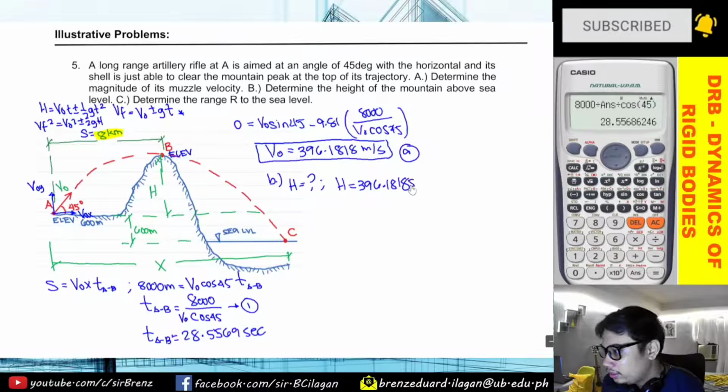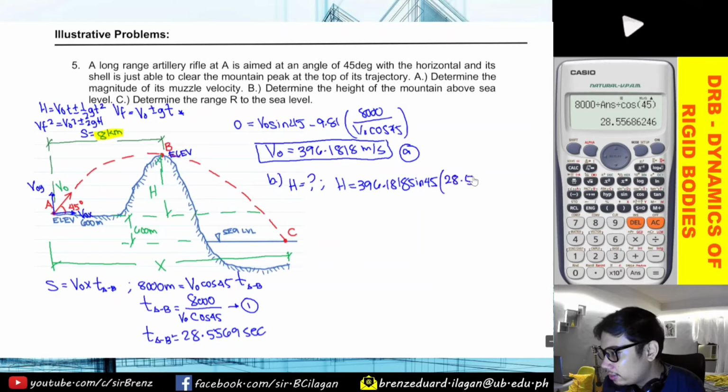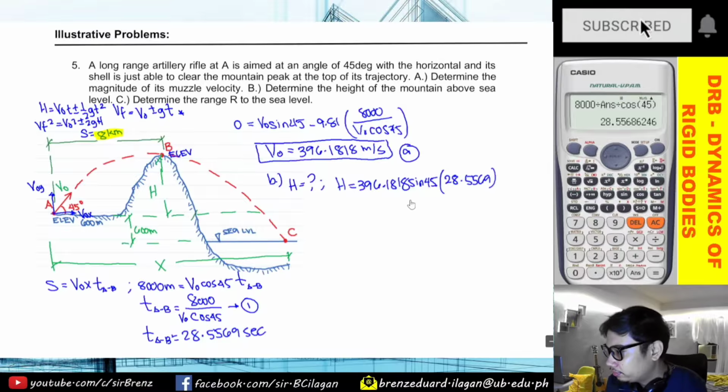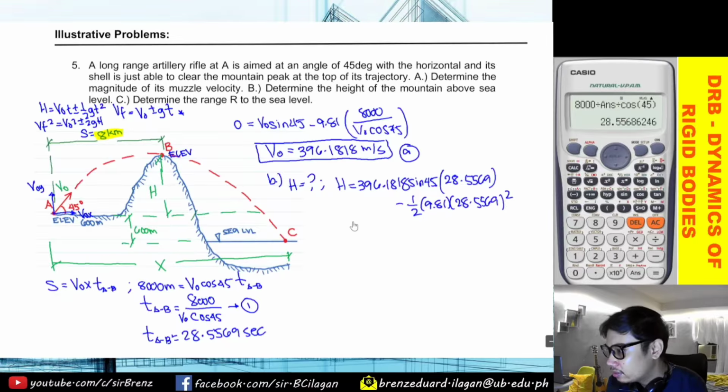So sine 45 and then multiply by the time na 28.5569. So minus, ito na sa baba, minus 1/2 of 9.81 times 28.5569 squared.